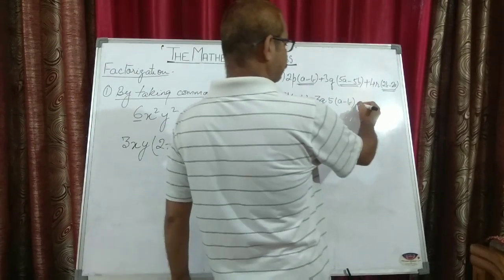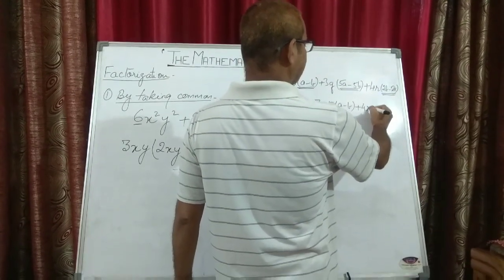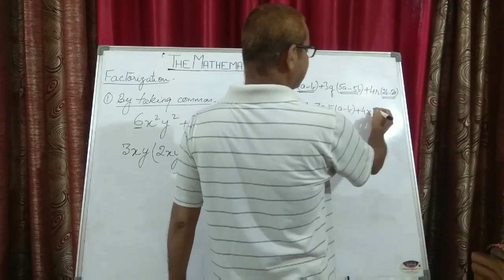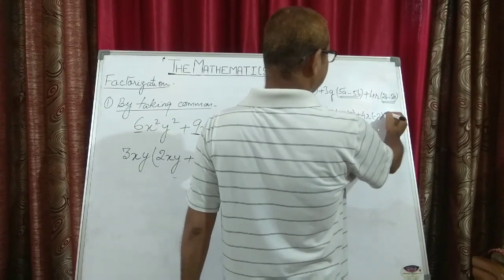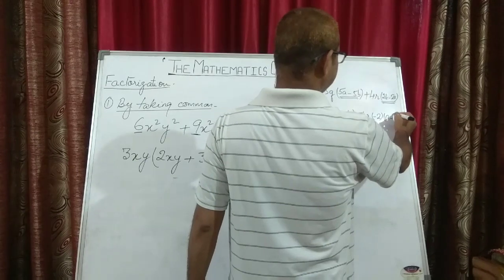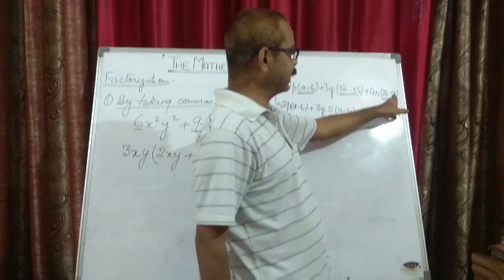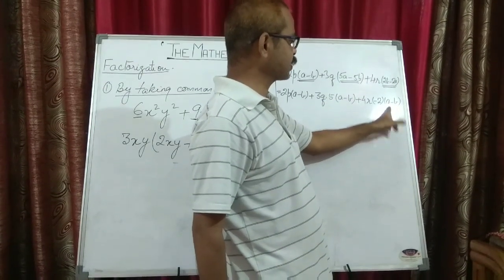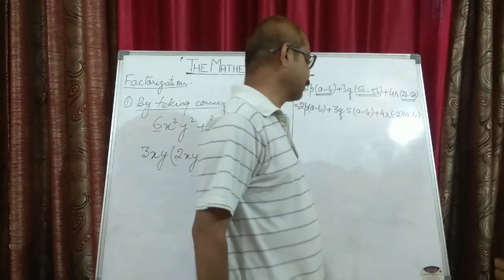And here it is plus 4r. If I take minus 2 common from the bracket, I will be left with a minus b. Minus 2 has been taken common, so a will become positive, that's why it is positive. And since minus 2 has been taken common, b will become negative, so a minus b.